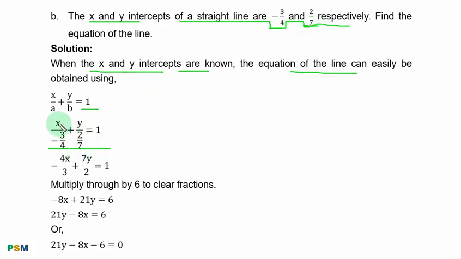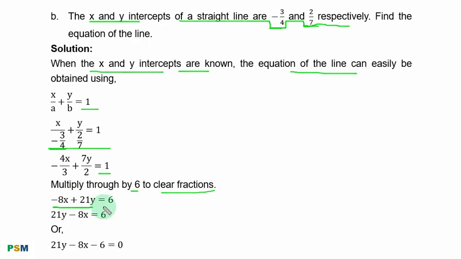If you divide x by this fraction, 4 will go up. So you have -4x over 3 plus 7y over 2 equal to 1. Multiply through by 6, the LCM of 3 and 2, to clear fractions.